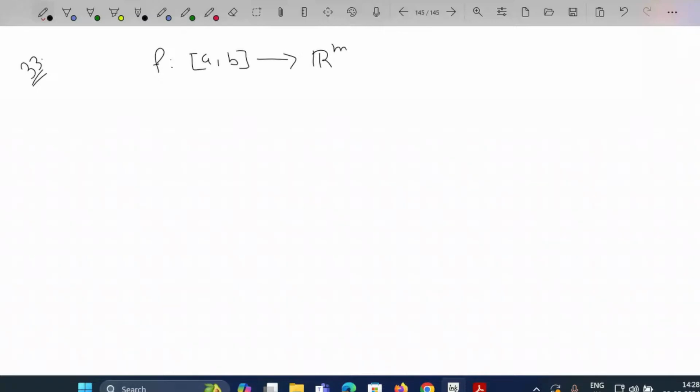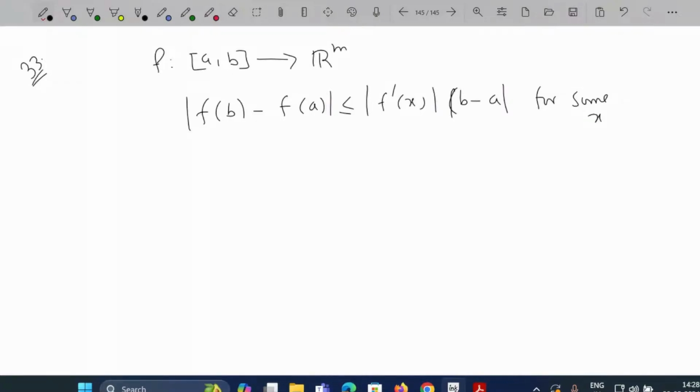What you have to show is that the norm of f of b minus f of a is less than or equal to the norm of f dash x into the norm of b minus a, for some x belonging to the open interval (a, b).